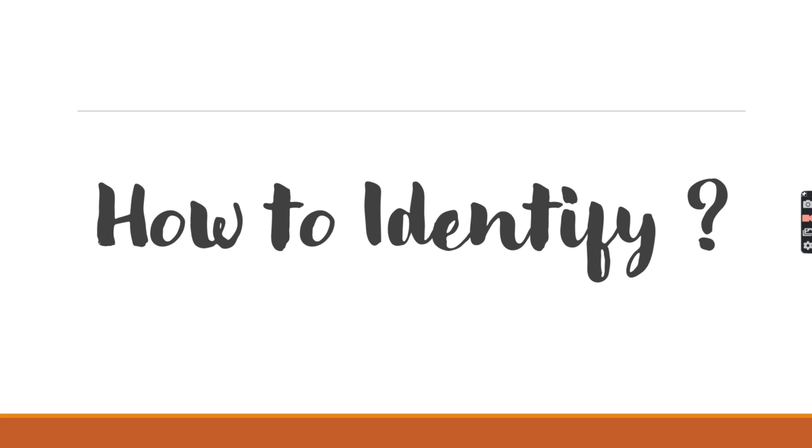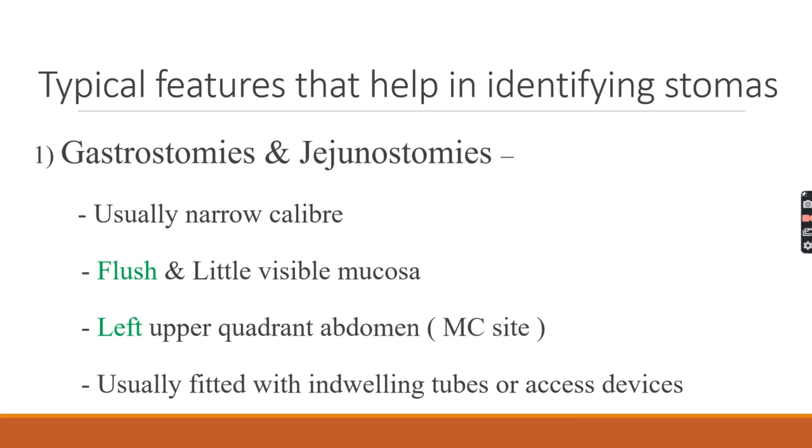But how to identify which opening is what? These are the typical features that can help us in identifying the stomas. One by one, very basic points I'm discussing. The gastrostomies and jejunostomies, opening in the stomach, opening in the jejunum, right? These two usually have a narrow caliber, a narrow opening.